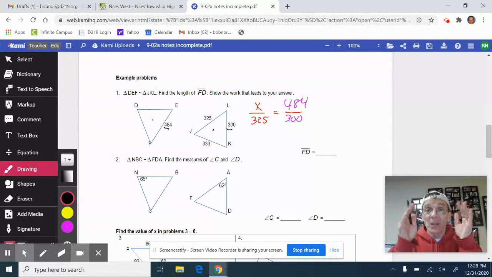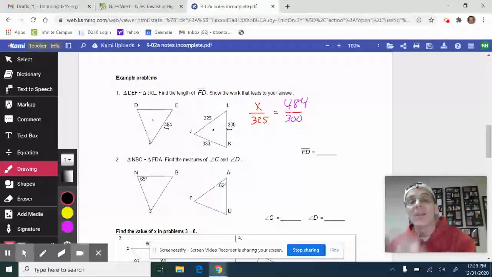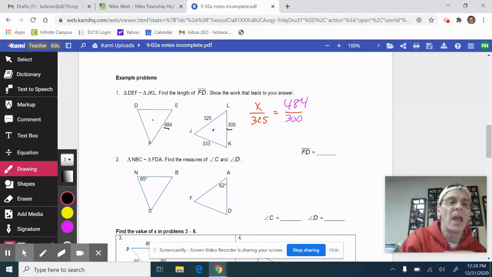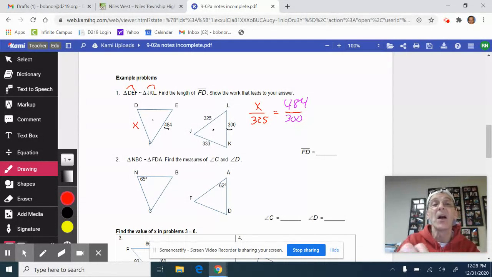Okay, now if they can deal with the repeating decimal, they'll say to themselves, all right, so the big triangle is 1.61 repeating times bigger than the little triangle. And then they'll say, all right, now I'm trying to find out DF, and DF corresponds to JL, which means DF must be 1.61 repeating times bigger than JL.